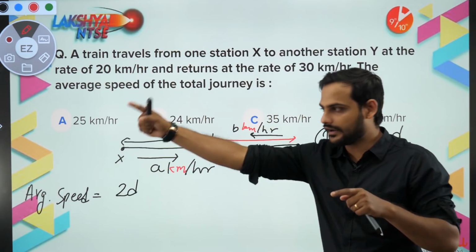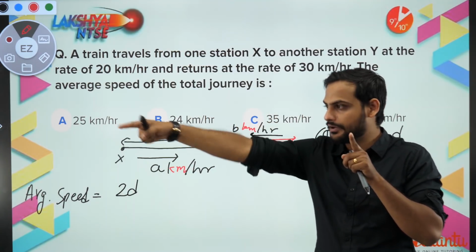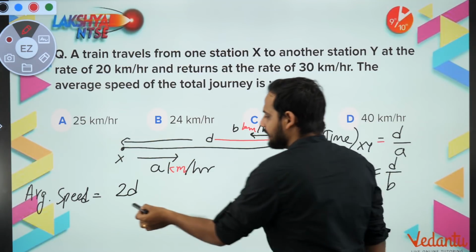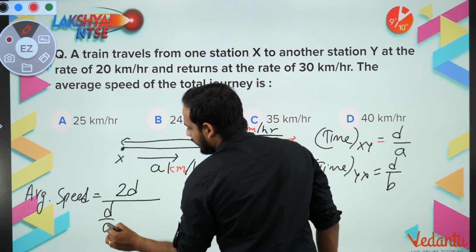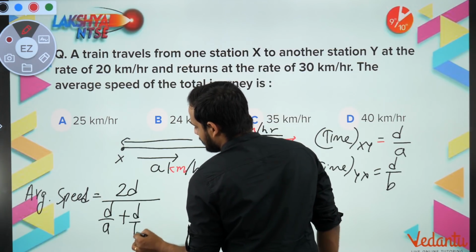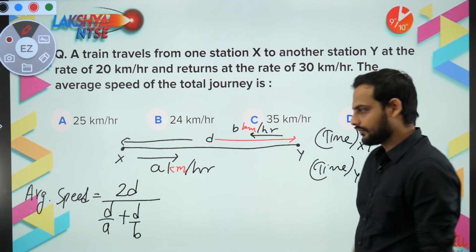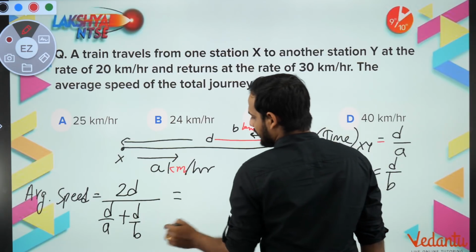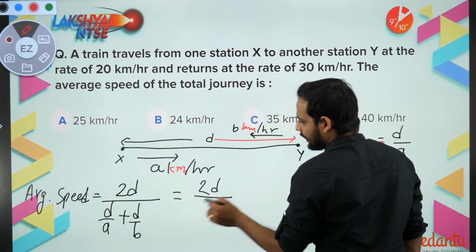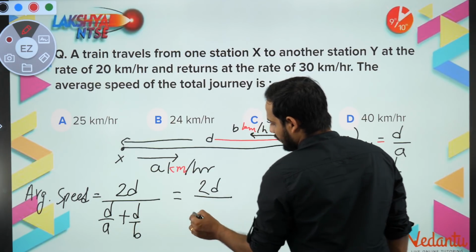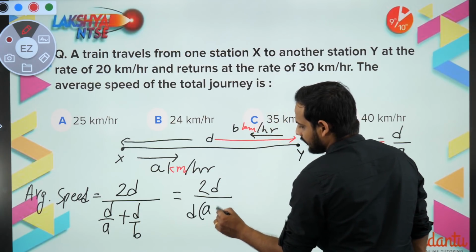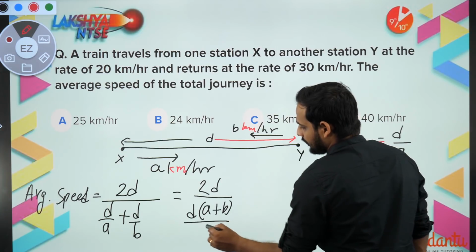So D plus D, total 2D, is the distance. Why? Because you are traveling two ways, no? D kilometers now, D kilometers again. So D plus D is 2D divided by total time, which will be D by A plus D by B. Correct? So now take the LCM. So you'll be getting D times of A plus B upon AB.